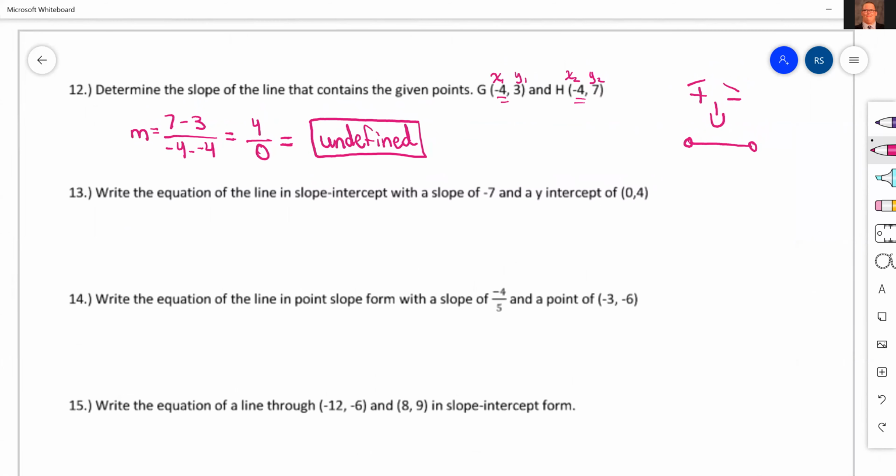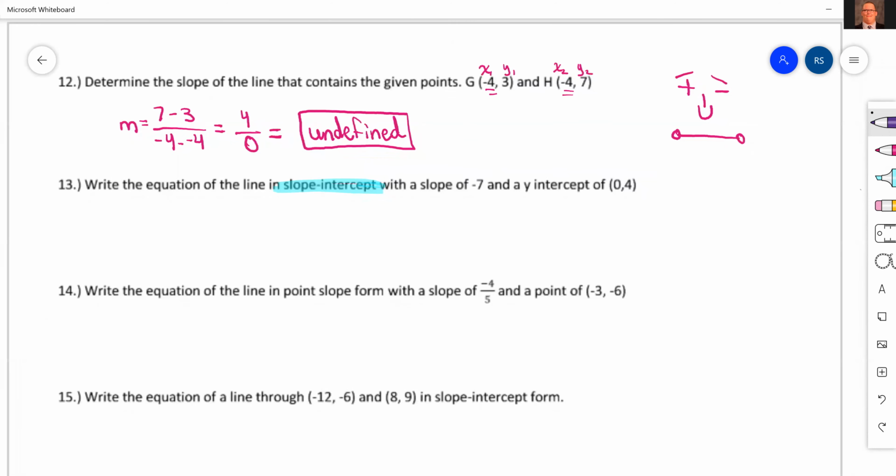Okay, 13 asks us to write the equation of a line in slope intercept form. Oh, what form is that? Slope intercept is y equals mx plus b.